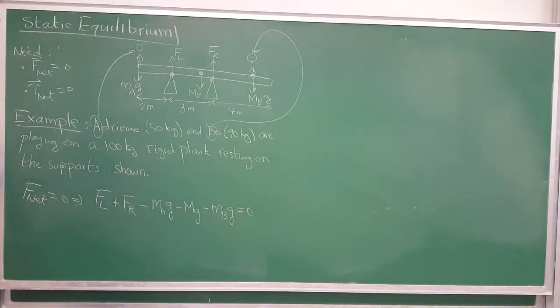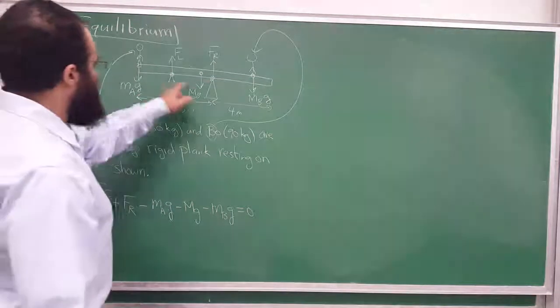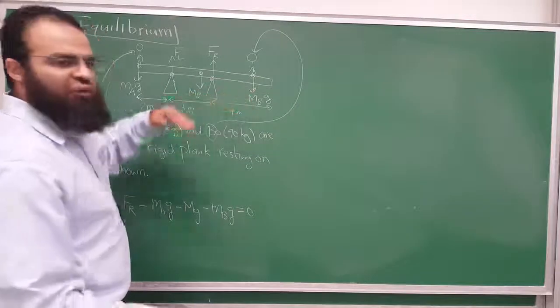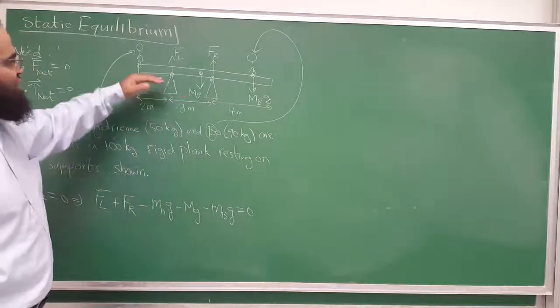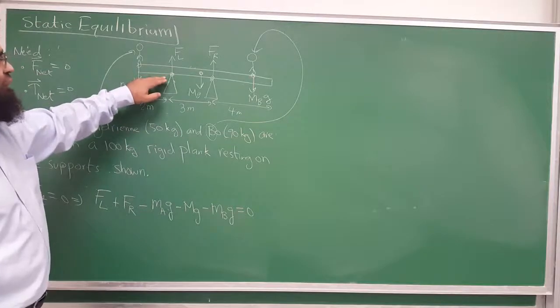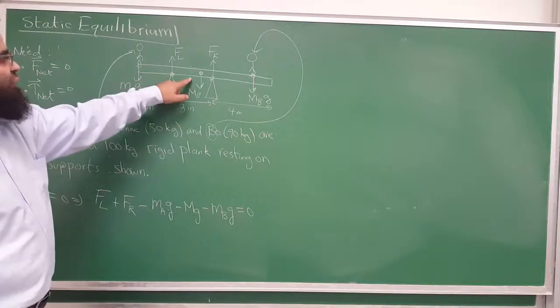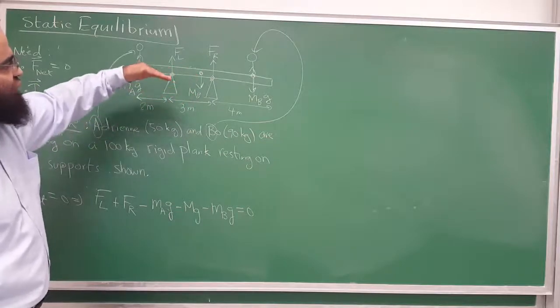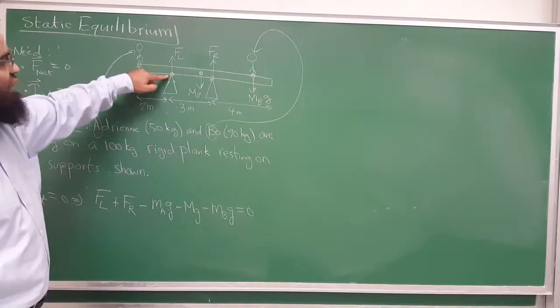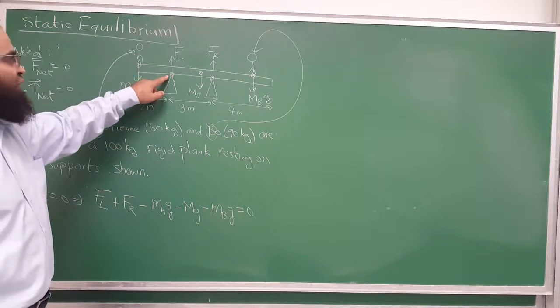Now we need to calculate the torques. But assume this, what's his name? Bo has walked somewhere here and it's about to tip over. What would this force be when it's about to tip over? If both stand in the middle, the supports will be carrying all of their weight. But if it's about to lose contact, it means the force is arbitrarily close to 0.